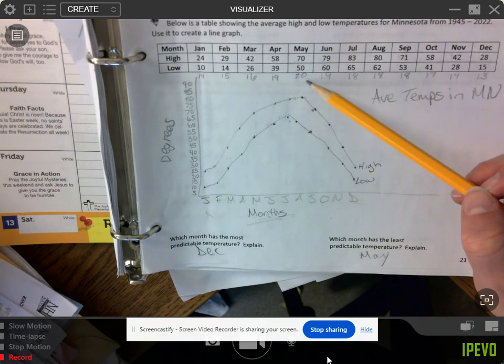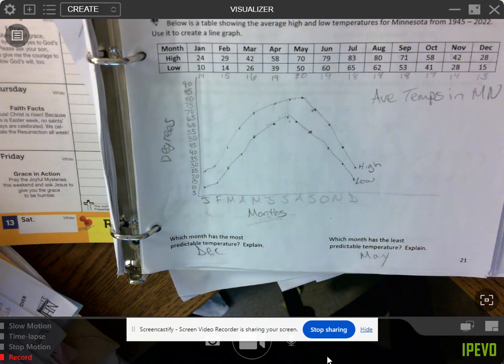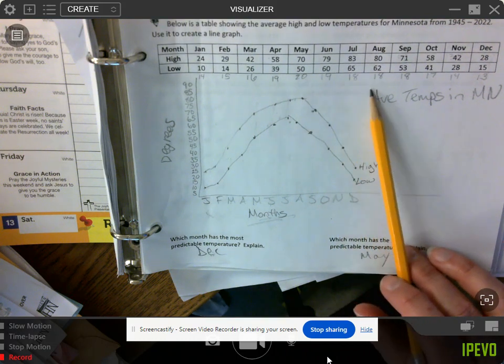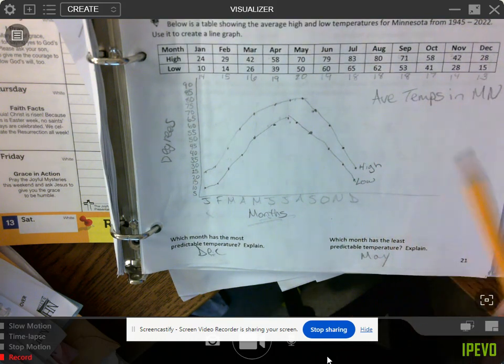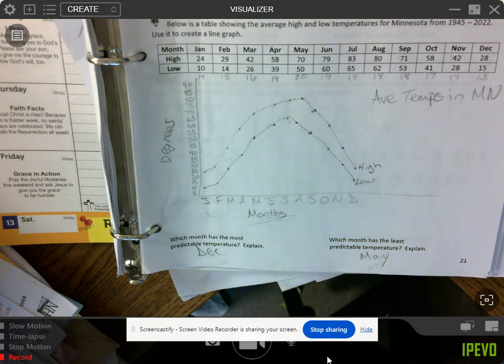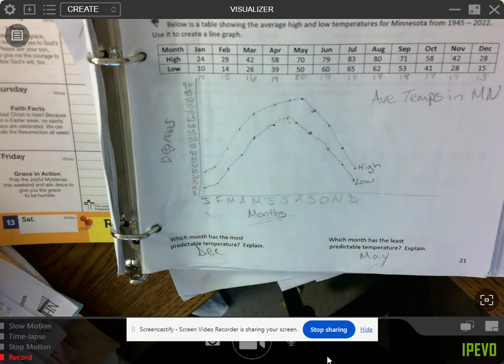They were 20 degrees apart. So there's a bigger span of what the degrees could be. Does that make sense how I answered that? If you look up here, you can see I wrote what the difference was from the high and the low, so I could see what the biggest span was and what the smallest span was. Any questions on this one?